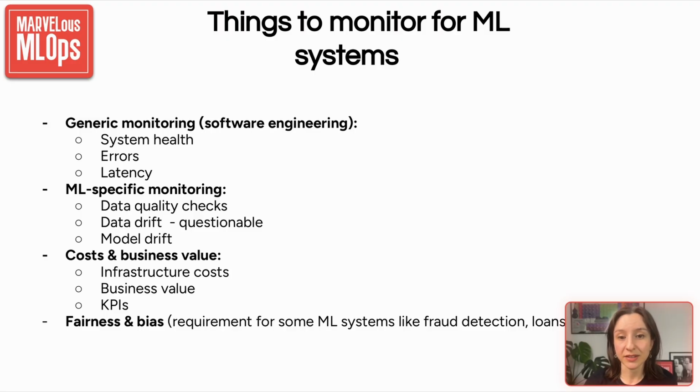And KPIs. These vary depending on the use case, but they are the ultimate performance signals. And finally, we have fairness and bias-related metrics, especially important in sensitive use cases like fraud detection or loan approvals. You may need to monitor and mitigate biased behavior to ensure compliance and ethical usage.